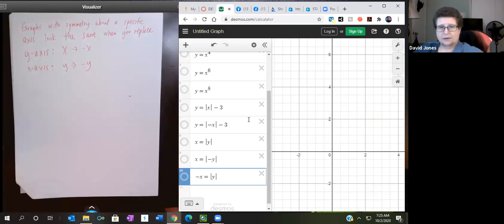We see that here with the absolute value there. This is the absolute value of x minus 3. We replace x with negative x, and it's the same graph. I don't know if you can see that. It goes from a red line to a blue line, but they're identical.